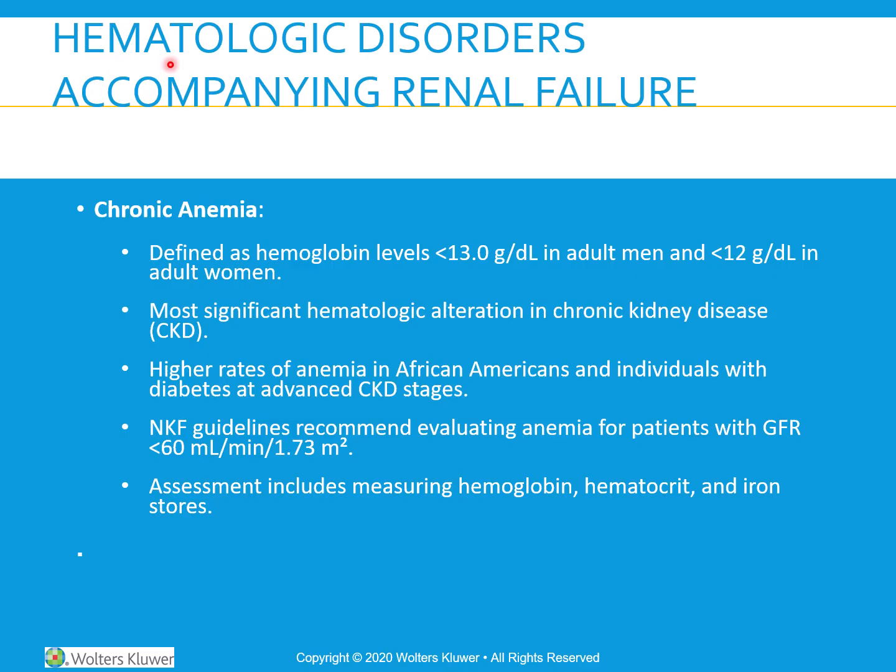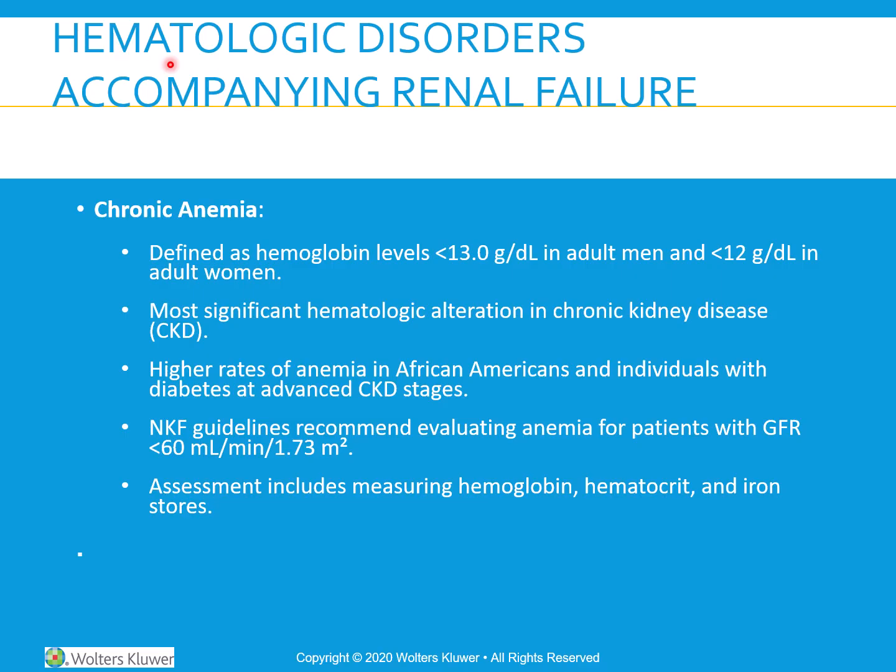It can be caused by things like bone marrow suppression because of the uremia that's developing. It can also be, and often is, because of decreased red blood cell production, because if you remember, the kidneys produce erythropoietin. Remember that erythropoietin in the kidney is what is being stimulated to be released when we see low oxygen levels in the blood.